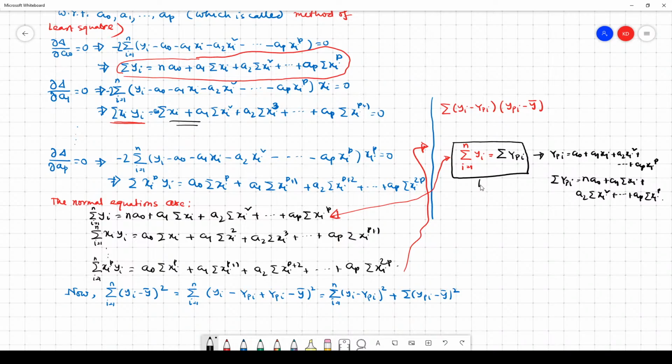Therefore y bar equals capital Yp bar. Sorry, please change this notation; this should be capital Ypi.